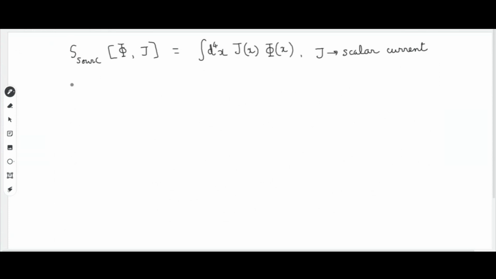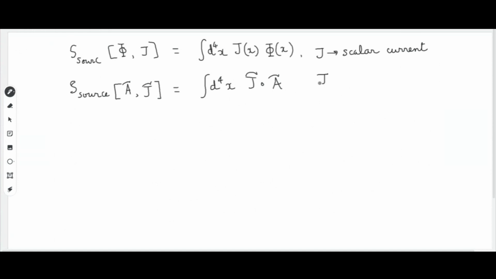What about the electromagnetic field? It must be a function of A and some J. So to anticipate, what can it be? Again, there is a simplicity criterion. So what we do is we write J as a vector because our degree of freedom is A, which is a 4-vector, to get a Lorentz invariant.